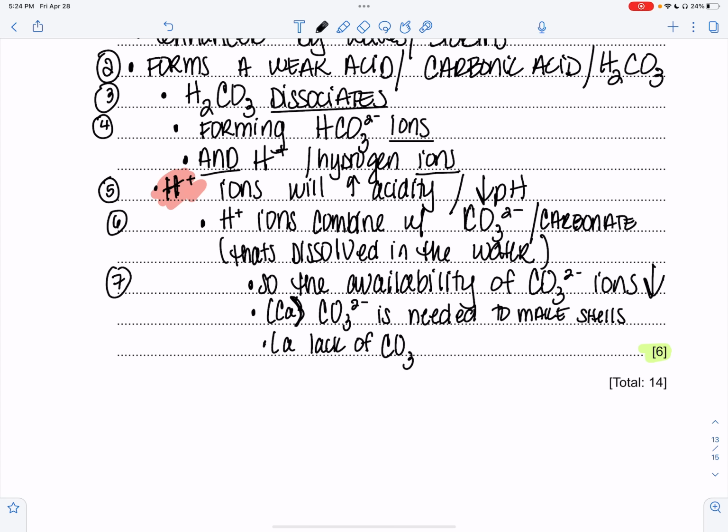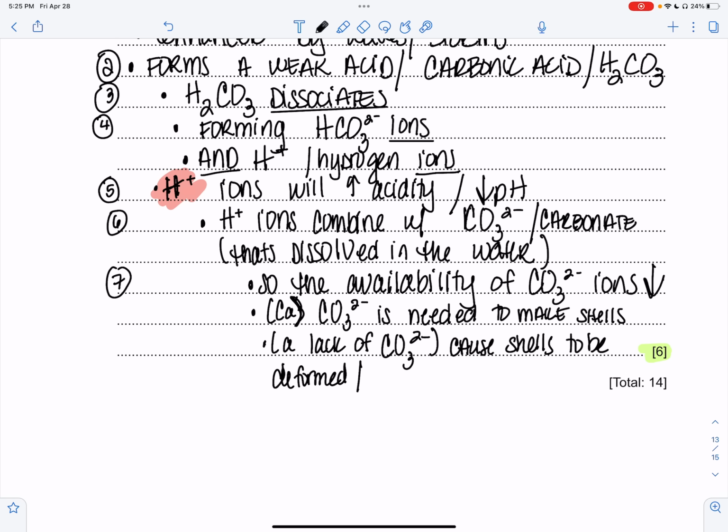A lack of CO3 2 minus, a lack of carbonate will cause shells to be maybe deformed, or that mollusks will be unable to make shells.